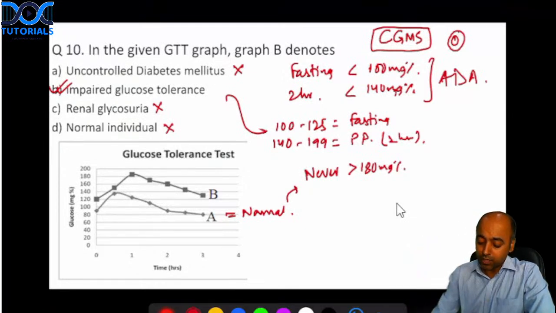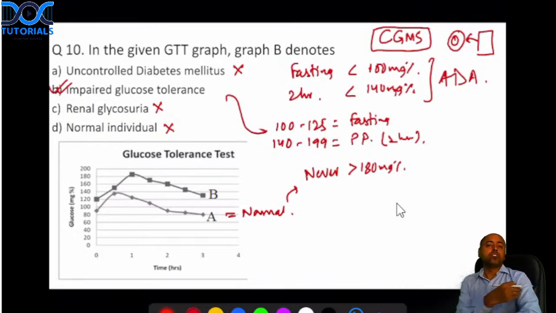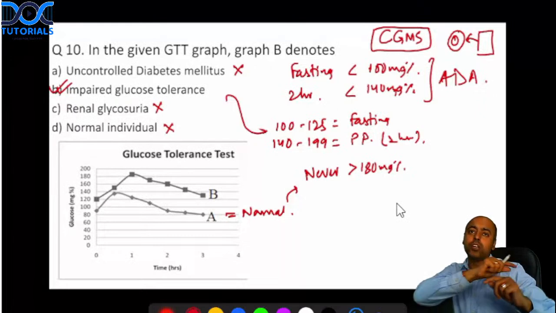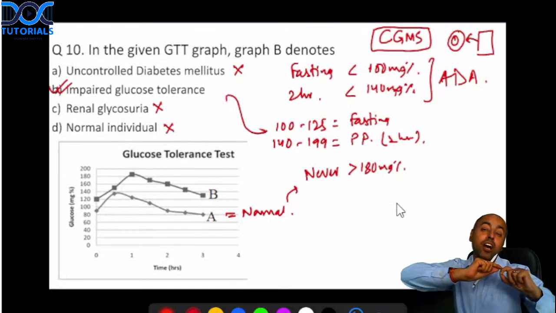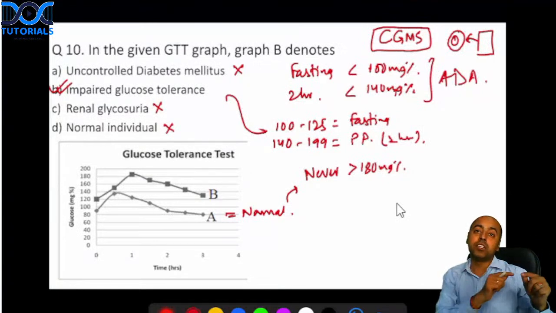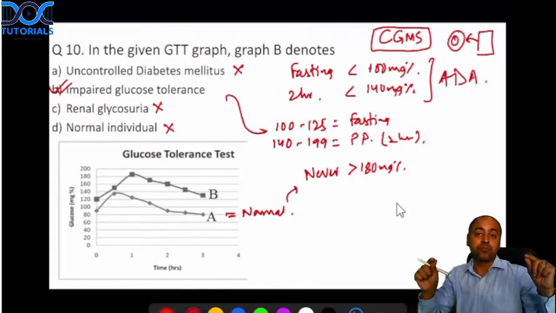With the help of a sensor, you can read out the readings using Bluetooth or Wi-Fi. You get continuous values for about 14 days from these patients, so you get a continuous graph.